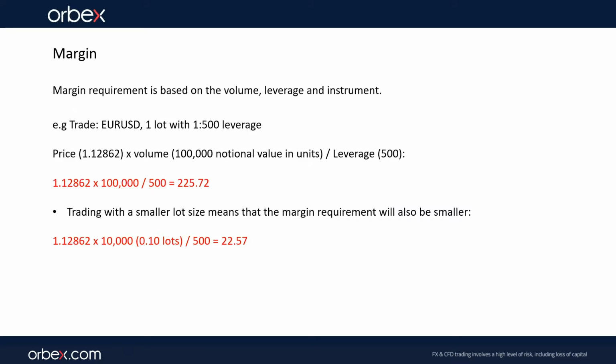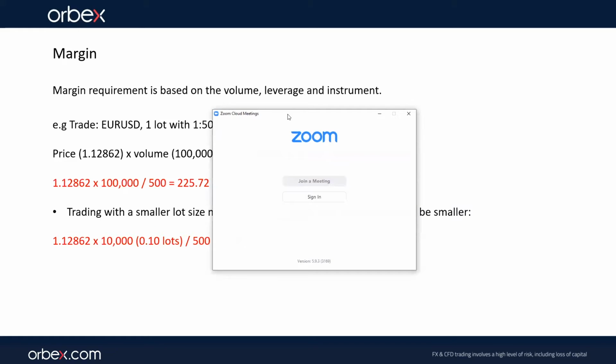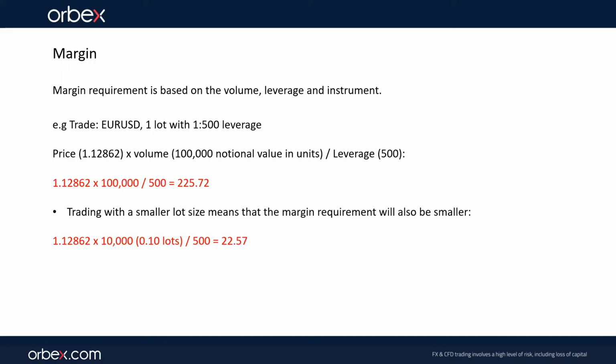So if we trade one lot of euro dollar with a 1 to 500 leverage, this is the calculation that we use. The price is approximately 1.1286 at the time that I was doing this webinar. It's a little bit different now. Times the volume.